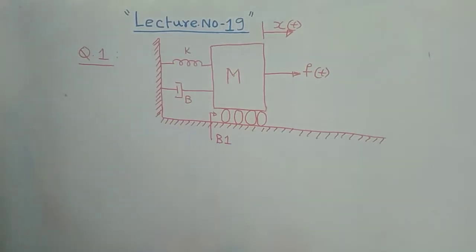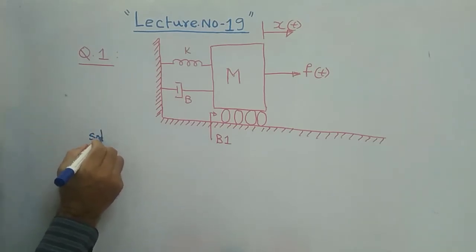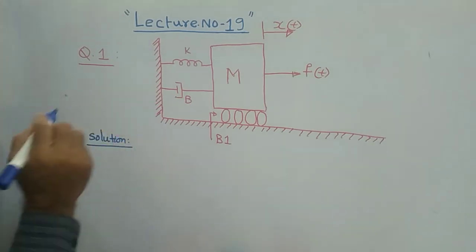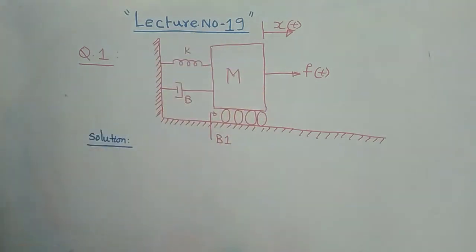Now let us see the solution for this problem directly. In the solution part, for this given problem, you need to draw the free body diagram first. I think we have already discussed it in our lecture number 17.